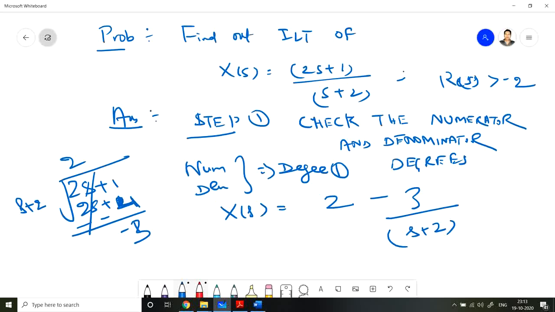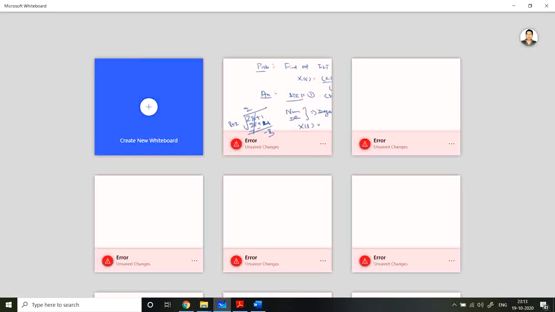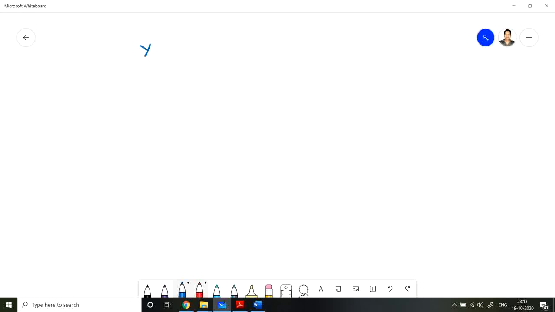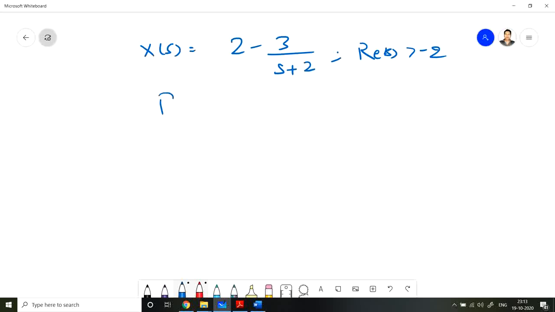So X(s) is equal to 2 minus 3 divided by s plus 2, and the real part of s is greater than minus 2. It means it is a right sided signal.